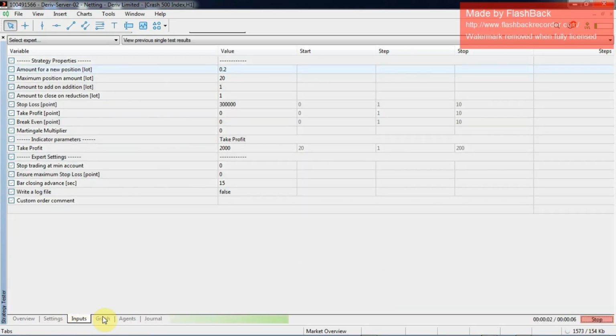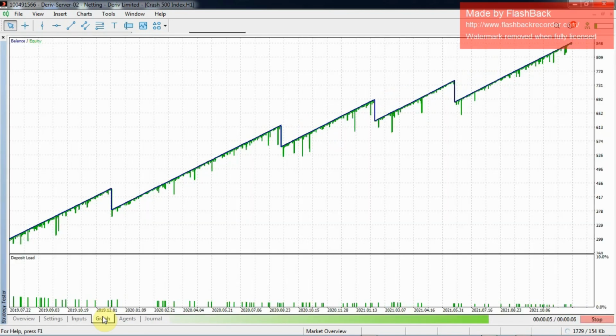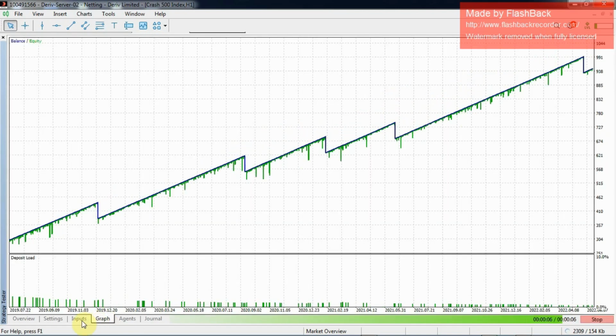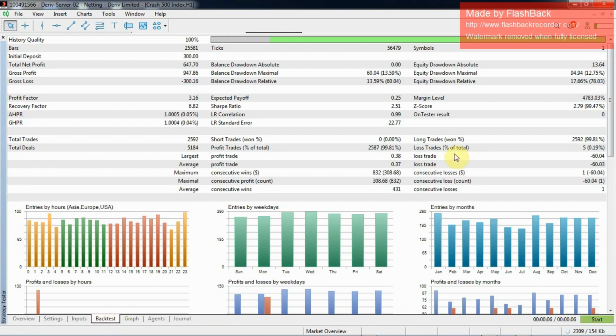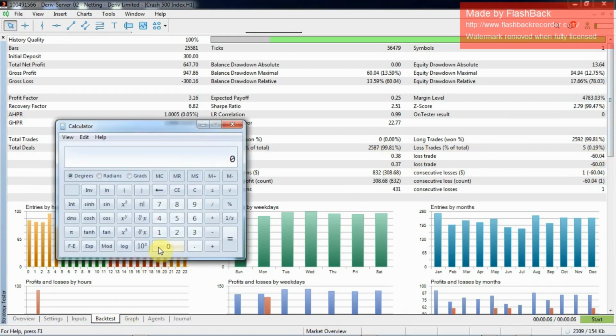Okay, let's try the smallest lot size. Maybe someone will come with a very small account. Risking 60 will be making 0.37. So 0.37 times 50, because this robot gives a lot of trades.